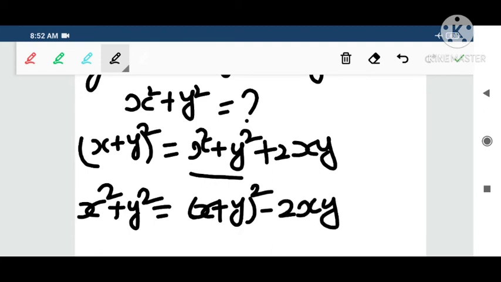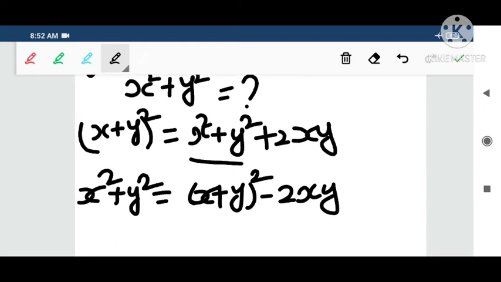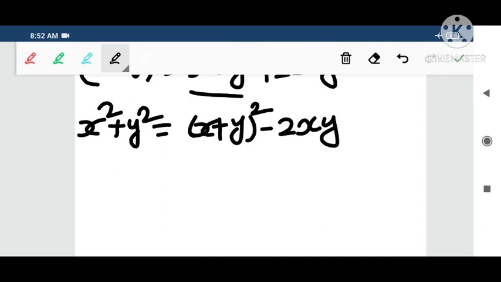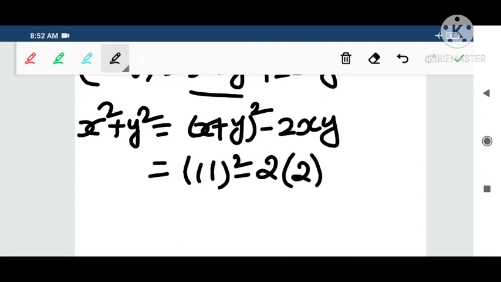This is the expanded form we use to find the value of x square plus y square. What is the value of x plus y? It is 11. So 11 square minus 2 into the value of xy, which is 2. If we square 11, 11 into 11 you get 121, minus 4. If we subtract 4 from 121, what do you get?